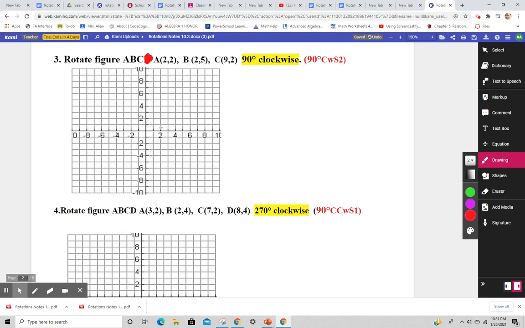A is located at 2, 2. B is located at 2, 5. C is located at 9, 2. No, sorry, this doesn't belong here. 9, 2, right here.